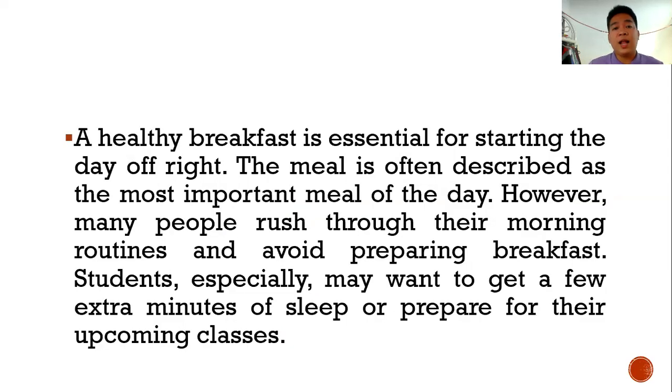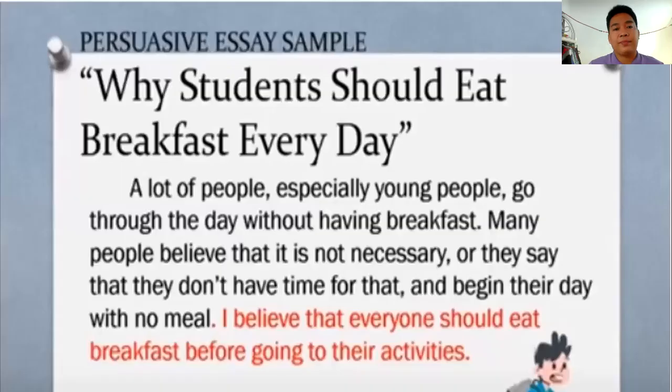As we all know, a healthy breakfast is essential for starting the day right. The meal is often described as the most important meal of the day. However, many people rush through their morning routines and avoid preparing breakfast. Students, especially, may want to get a few extra minutes of sleep or prepare for their upcoming classes.